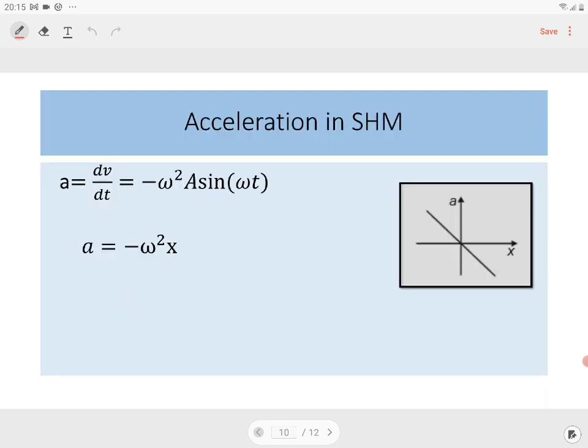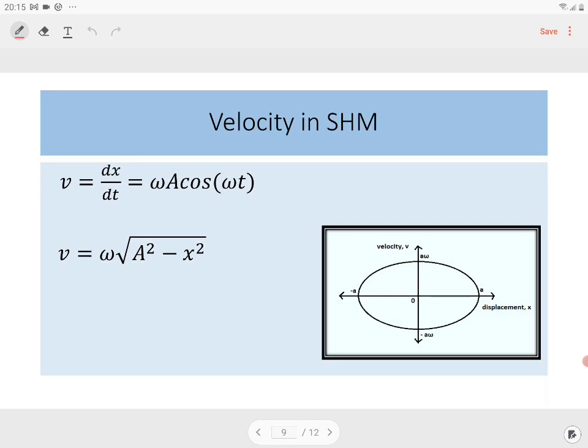Children, just now I have shown you the v-x graph. In the v-x graph, at the mean point, the speed is maximum, equal to A omega, and the maximum displacement is A. Based on these graphs, questions will be asked in NEET and JEE.